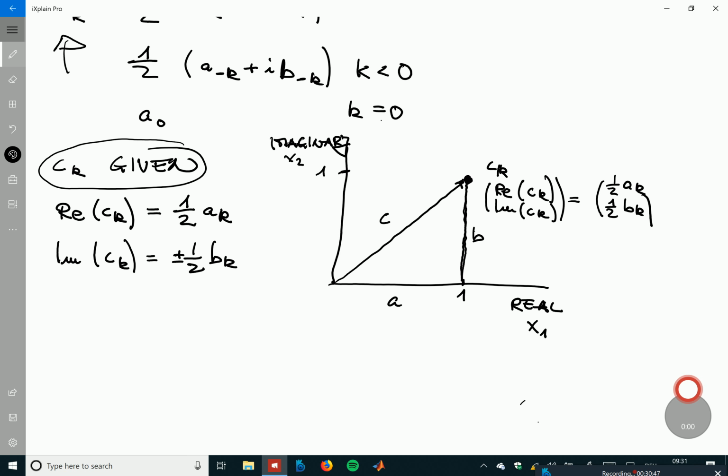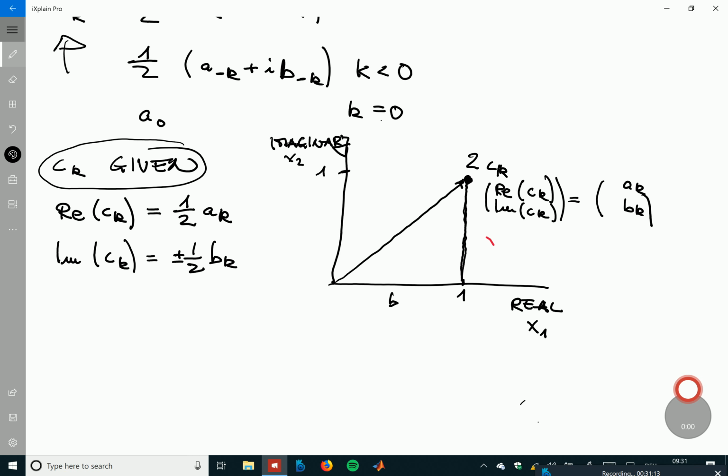Now, of course, our a and b are here 1/2 ak and 1/2 bk. So I really want to get rid of this 1/2 now. Let's call this 2 ck, so that we get rid of this 1/2. Then we have here ak and bk.